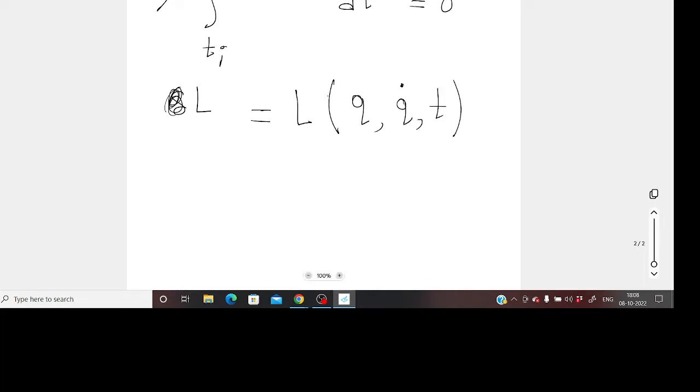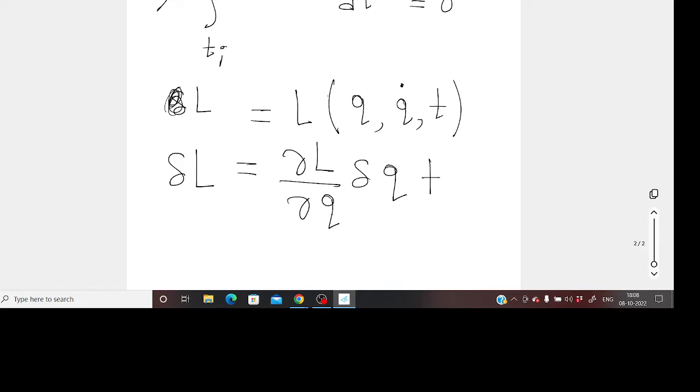So delta L is equal to del L del q into delta q plus del L del q dot into delta q dot.